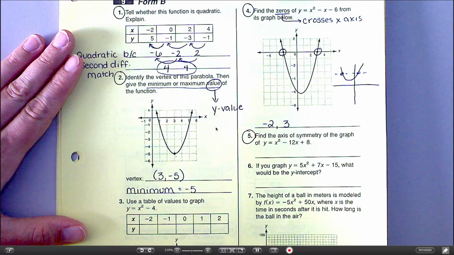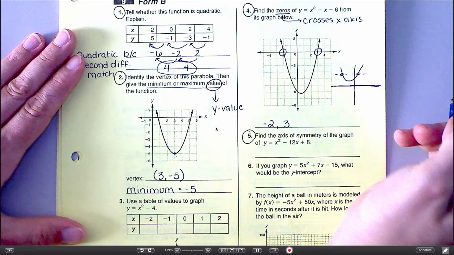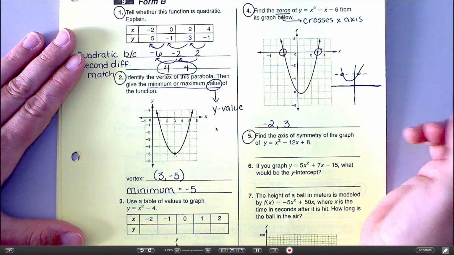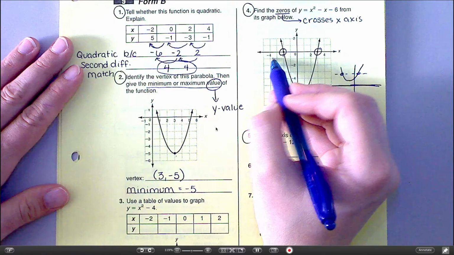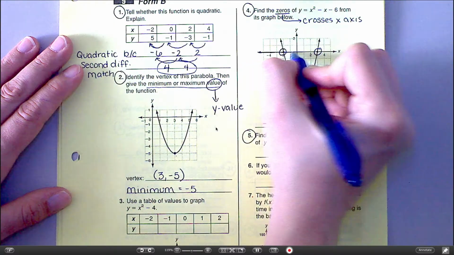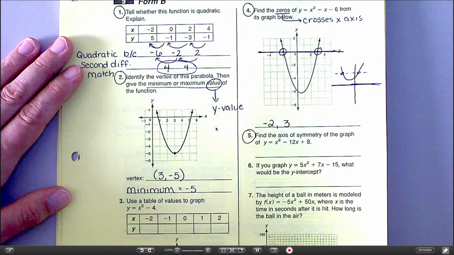It's always, always, always the x-axis. And if it doesn't cross the x-axis, what do we say? There's no solutions. There's no zeros. It might be helpful when a problem asks for zeros to just darken in that x-axis so that you can see. Questions on that?